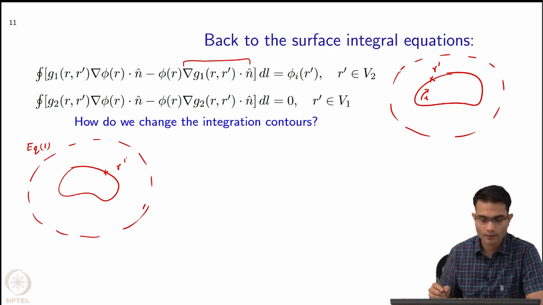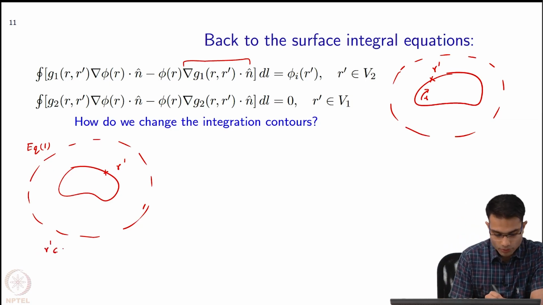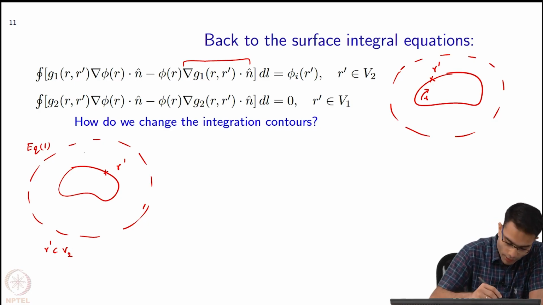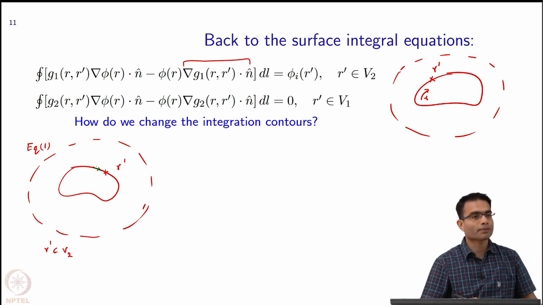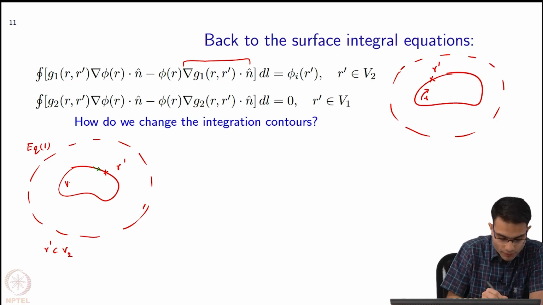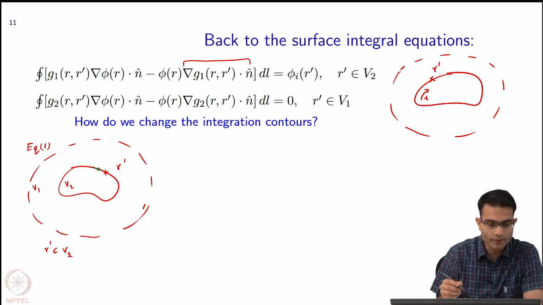Equation 1 is that r prime belongs to V2. I am coming along from here and I want to make sure that r prime belongs to V2. So, if I write down V1 and V2, which way should the contour bend?